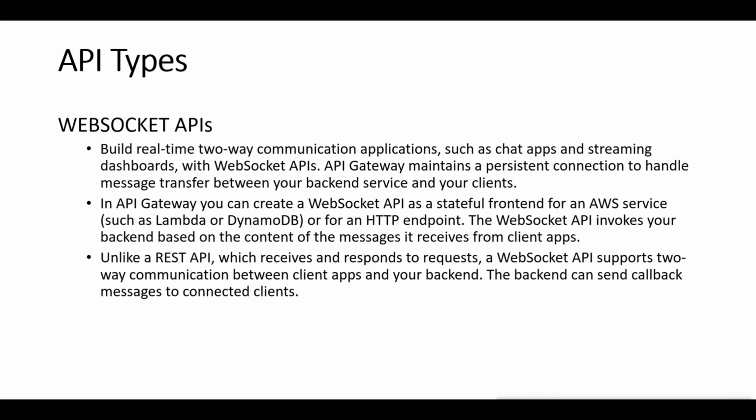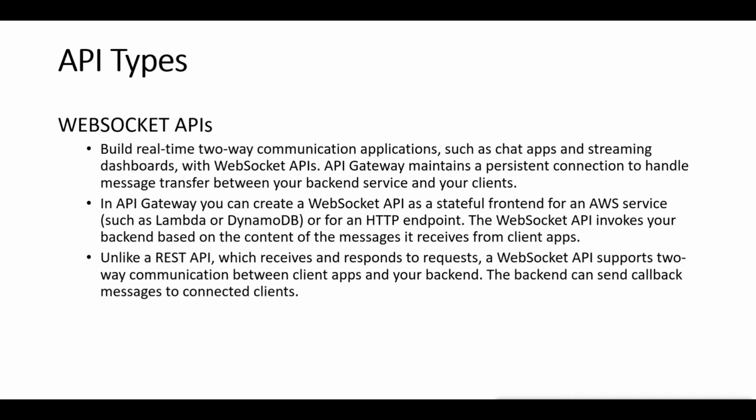API Gateway maintains a persistent connection to handle message transfer between your backend service and your clients. In API Gateway, you can create a WebSocket API as a stateful front end for an AWS service such as Lambda or DynamoDB, or for an HTTP endpoint. The WebSocket API invokes your backend based on the content of the messages it receives from client apps.